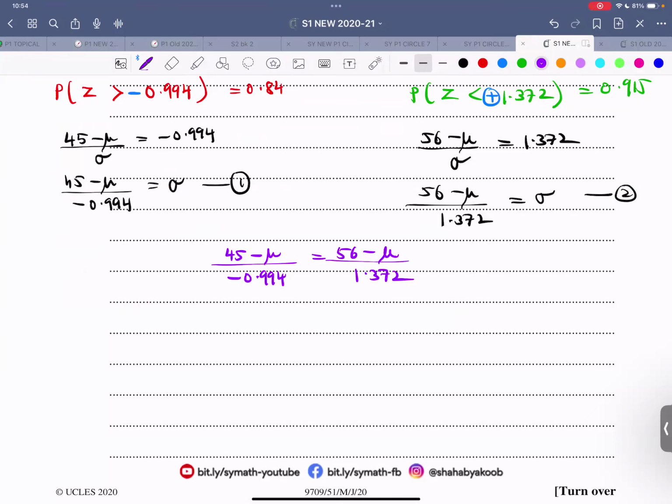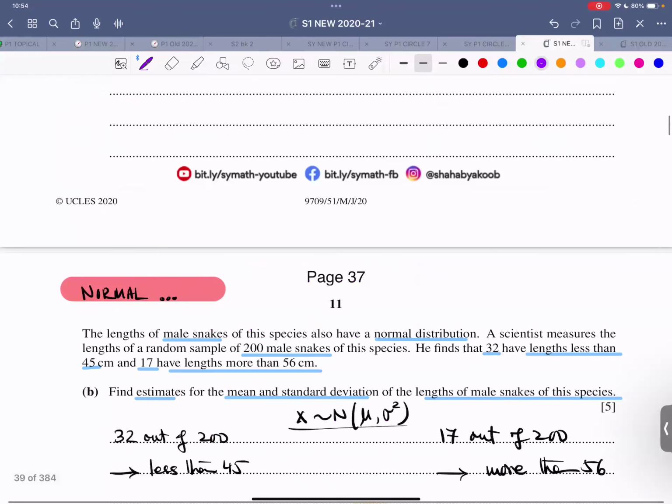And we get two answers. One answer will be for mu. We plug in one of the equations, we will find the value of sigma. So let me just tell you the value of mu and sigma. Which question is this?